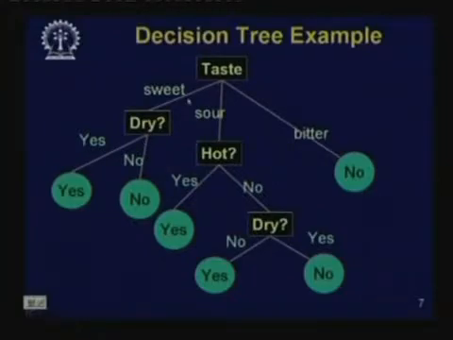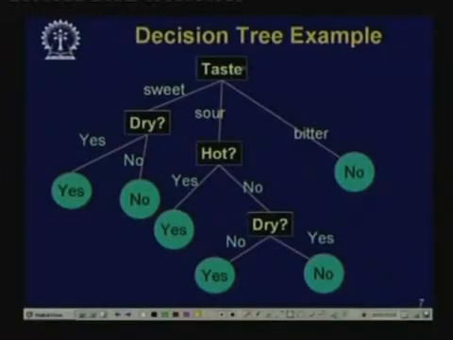Taste can be sweet, sour or bitter, dry can be yes or no, hot can be yes or no. Now, look at this decision tree. At the root we check the attribute taste. If taste is sweet, then you check the attribute dry. If dry is yes, then this food is liked. If dry is no, the answer is no.